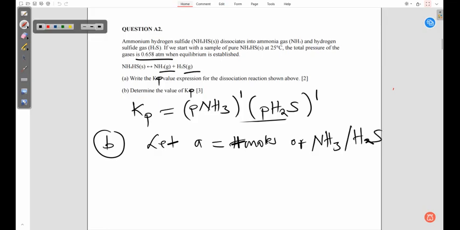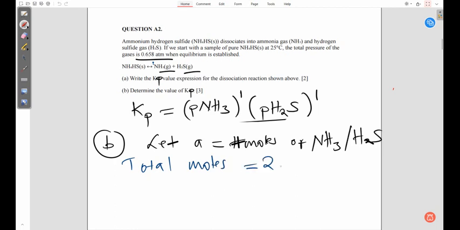So meaning that they have the equivalent number of moles, since we've got 1 and 1. So the total number of moles therefore would be 2A, when we add ammonia plus hydrogen sulfide. Those are the only two gases we have, remember, so 2A.